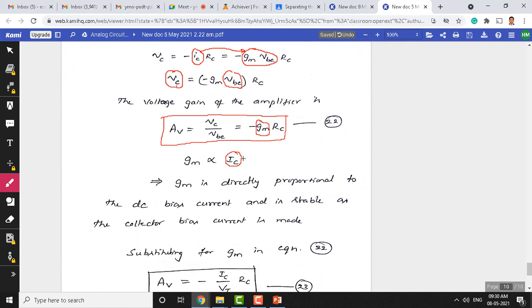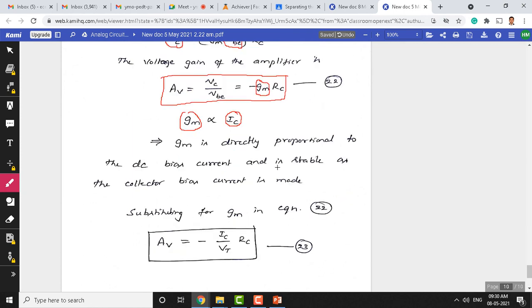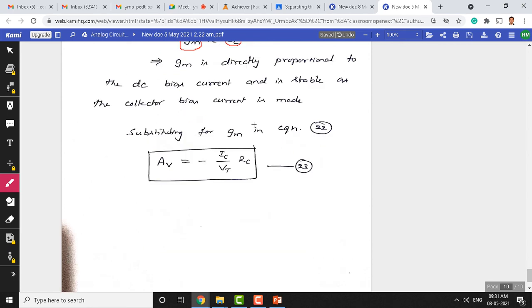Unless we maintain this DC collector current stable, the transconductance also will not remain stable. So gm is proportional to the DC bias current, and is stable as the collector bias current is made stable. Now we can substitute for gm. We already know the gm expression, which is IC by VT. So substituting gm as IC by VT, this is the final expression for the voltage gain of a voltage amplifier.